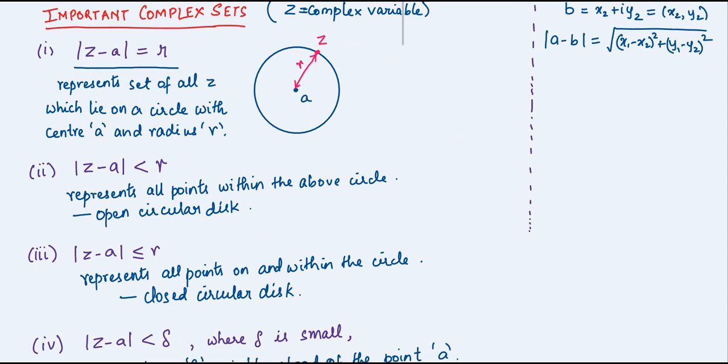Now, because it is open, it doesn't take these boundary points on the circumference of the circle. So it takes some point inside. Now, between 2 points, how many points are there? There are an infinite number of points.